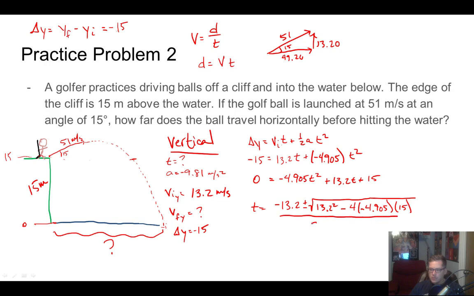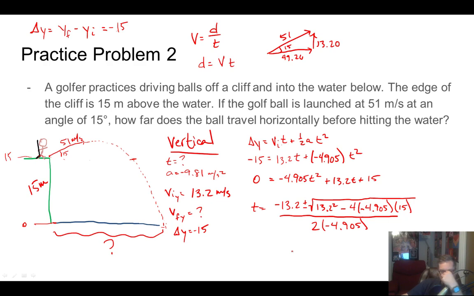Gosh, I hope I'm remembering this right. 2 times negative 4.905. So if we plug that in, we get 13.2 squared plus 4 times 4.905 times 15. So that's 468.50, and we take the square root of that.